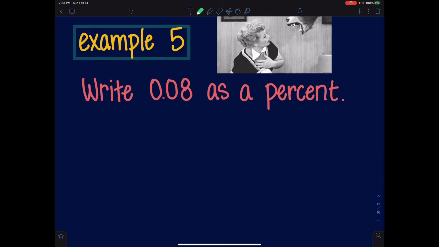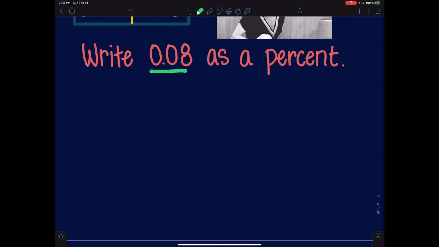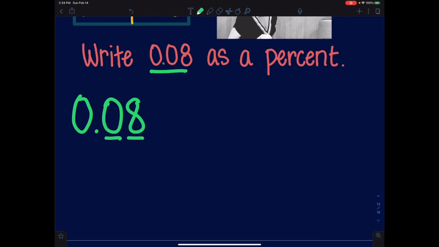Anyway, okay, it says, write 0.08 as a percent. All right, this one's tricky because if someone is not as smart as you, they'd probably make a guess, and they might guess that it's 80%, but it's not going to be 80% because look closely. If you have 0.08, this one is in the hundredths place. So that's actually the same as having an 80 in the thousandths place right there.